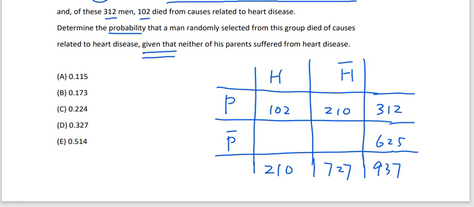So we just check those people, those whose parents have no heart disease.